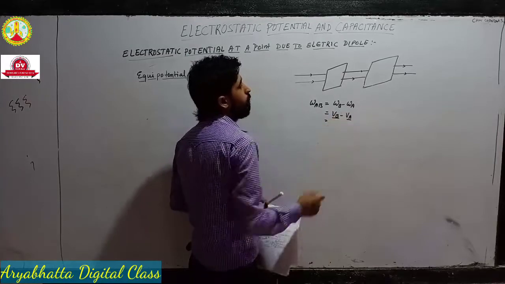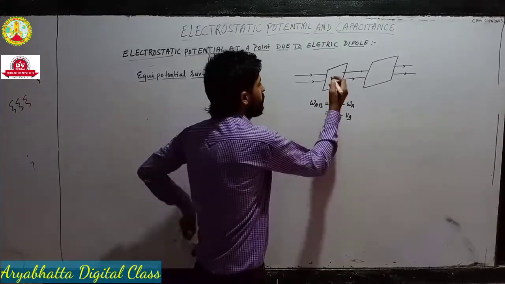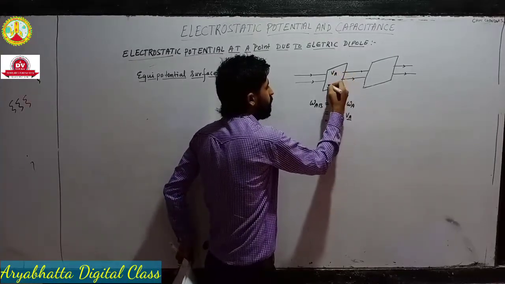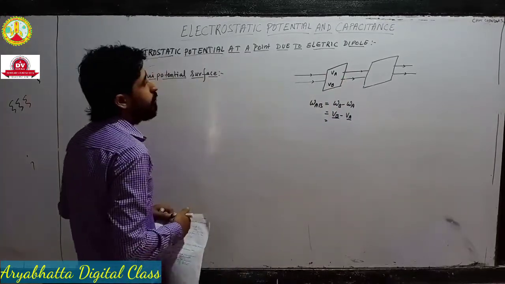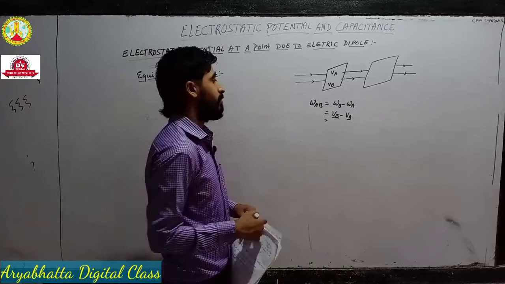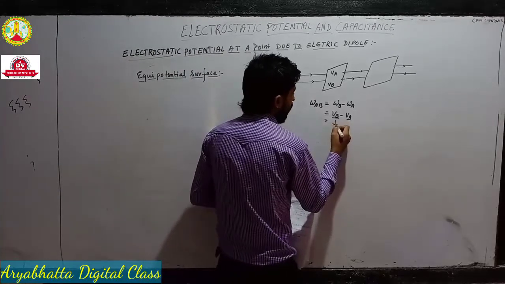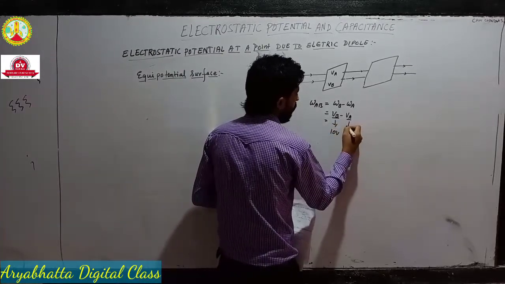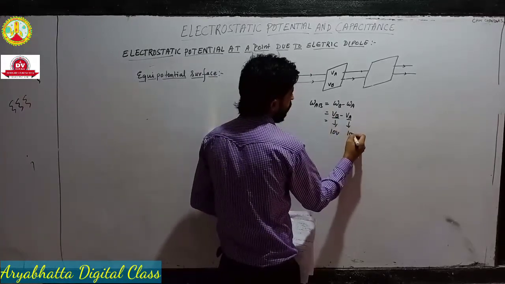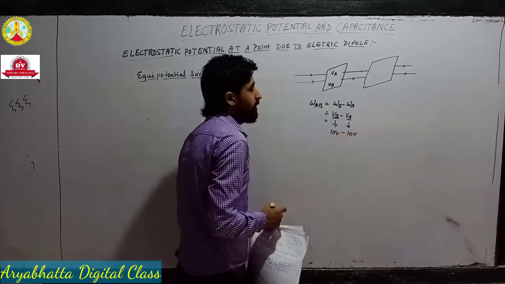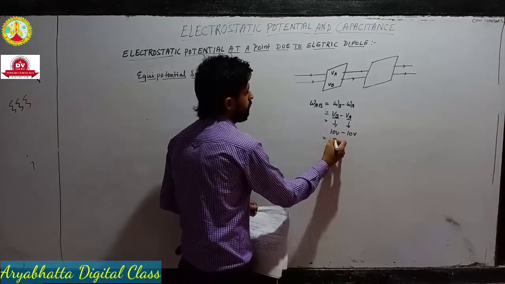So we know, at an equipotential surface I am discussing, VB and VA both will be the same. If VA is somewhere here and VB is somewhere here, in both cases the value of VA and VB will be the same. Like if I take VA as 10 volt, then VB is also 10 volt. If you subtract 10 minus 10, how much do you get? 0.